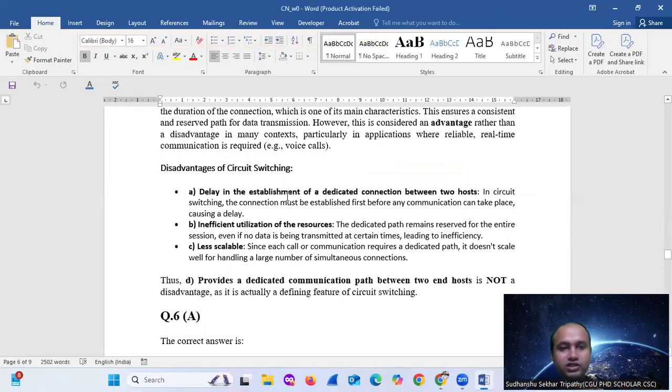The disadvantages of circuit switching: A and B, insufficient utilization of the resources. So the dedicated path remains reserved for the entire session even if no data is being transmitted at certain times, leading to inefficiency. The third disadvantage is that circuit switching is less scalable. Since each call or communication requires a dedicated path, it does not scale well for handling a large number of simultaneous connections.